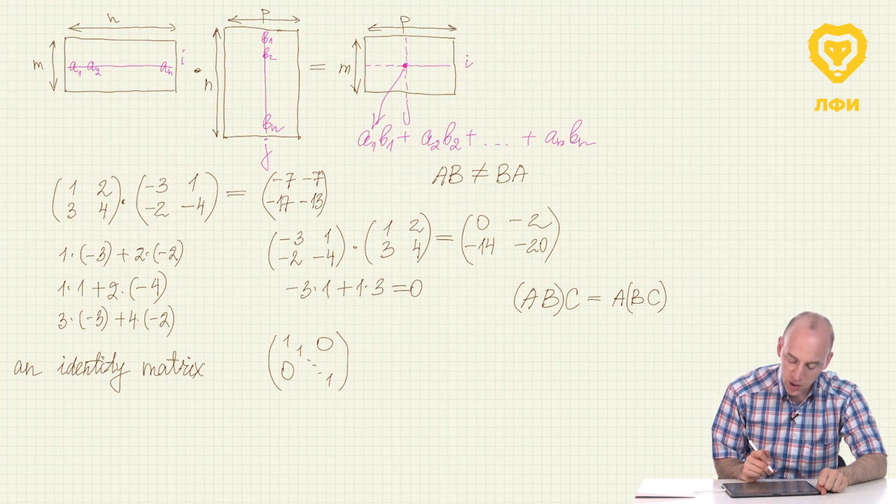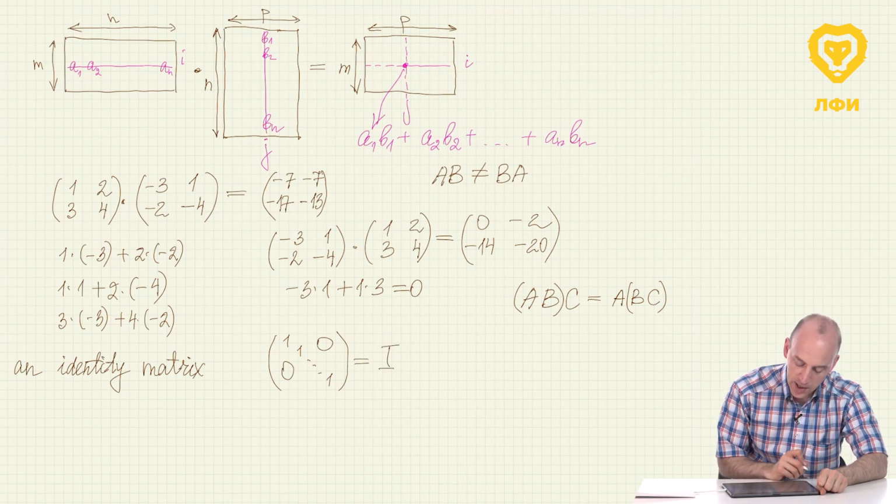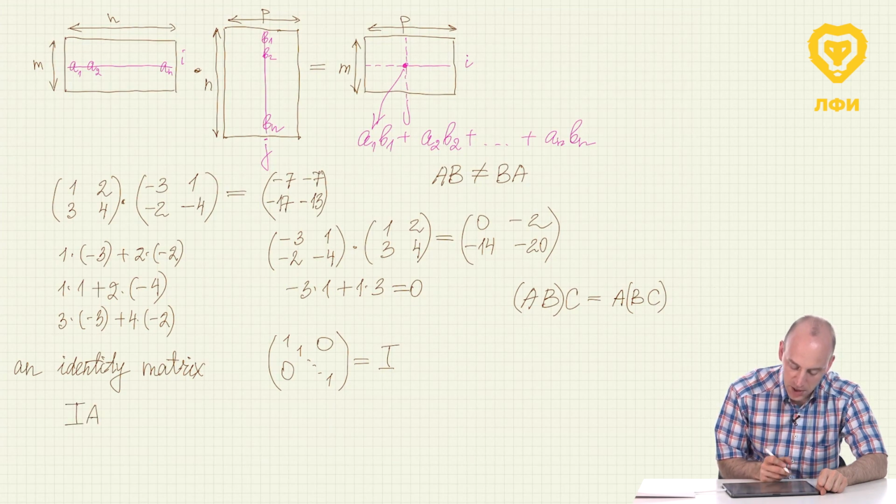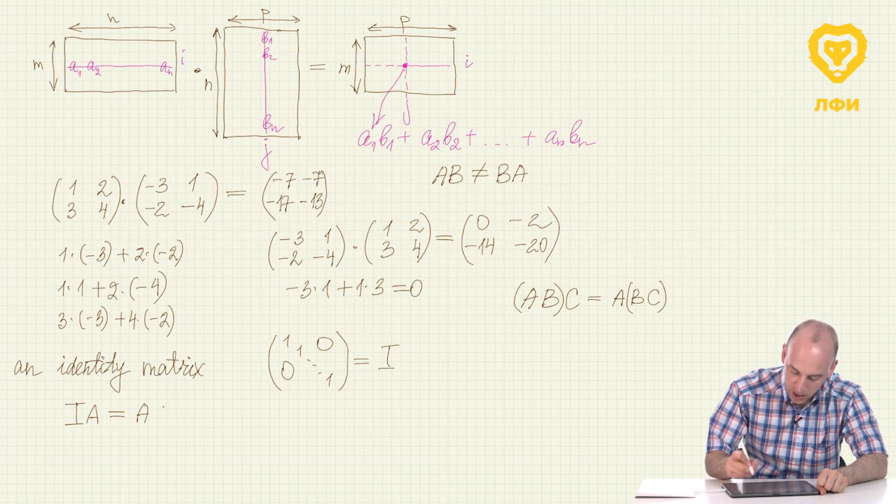So such a matrix is called an identity matrix, and let us denote it by capital I. The name is explained in the following way: if we calculate an identity matrix multiplied by A, or alternatively, if we calculate A multiplied by an identity matrix, we'll have the same matrix as a result.